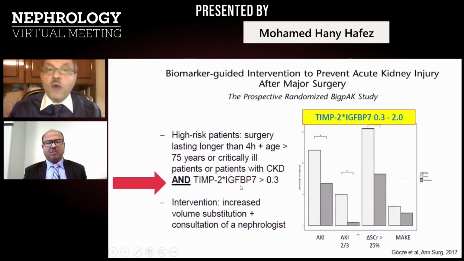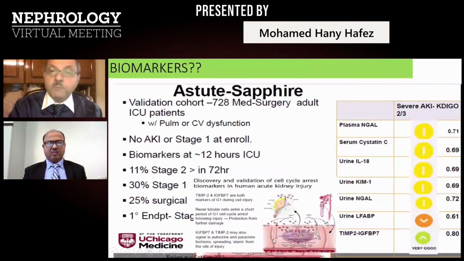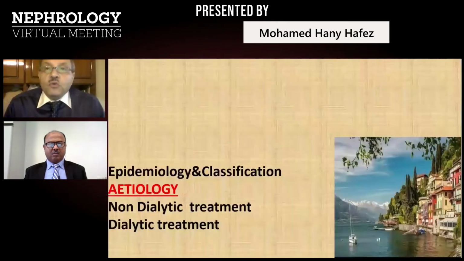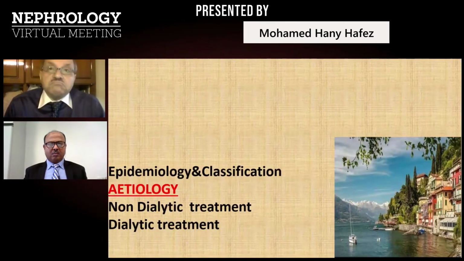If you have a TIMP2 IGFBP7 more than 0.3, this is a bad alarm that we will have injury coming. So increase the volume substitution, consult a nephrologist, and try to work rapidly. So we have a preliminary 0.3, which is the urine, and one more advanced 0.3, which is TIMP2 IGFBP7, about how to diagnose early and how to be upset by the bad prognosis of these patients.